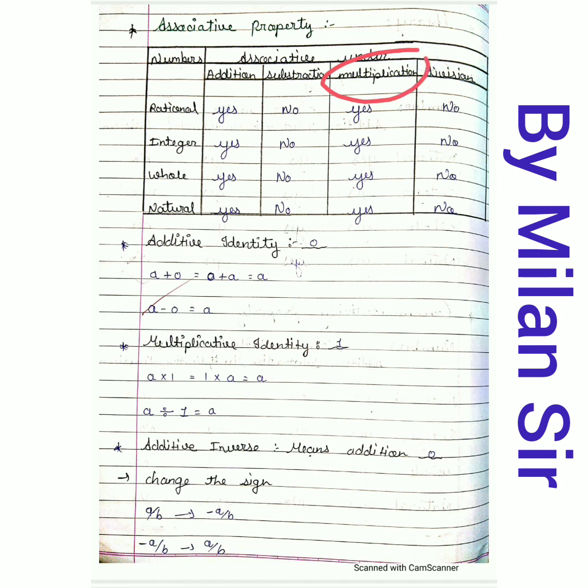Multiplication is commutative and associative for all these 4 types of numbers, that means rational, integer, whole and natural. Then subtraction is not commutative and not associative for all these 4 types of numbers. Same thing for division. Division is not commutative and not associative for all these 4 types of numbers. Okay.